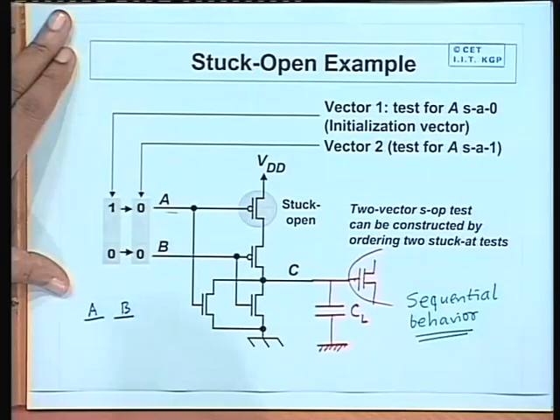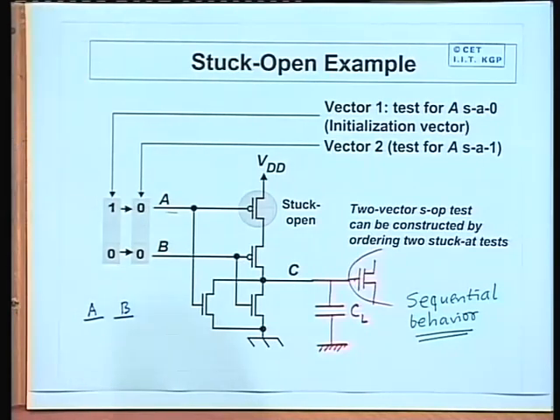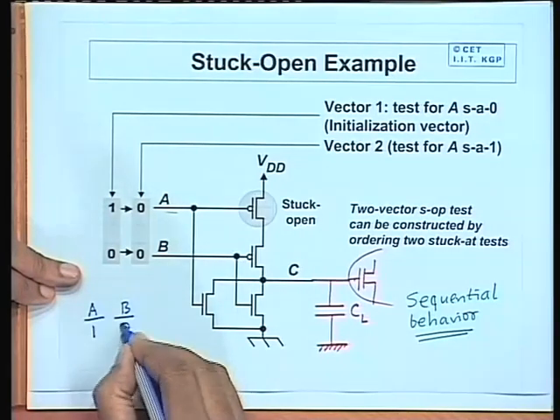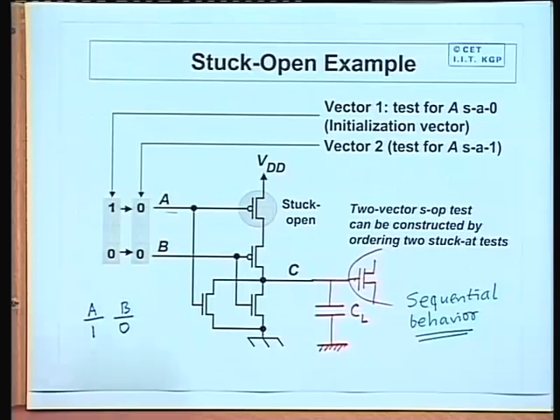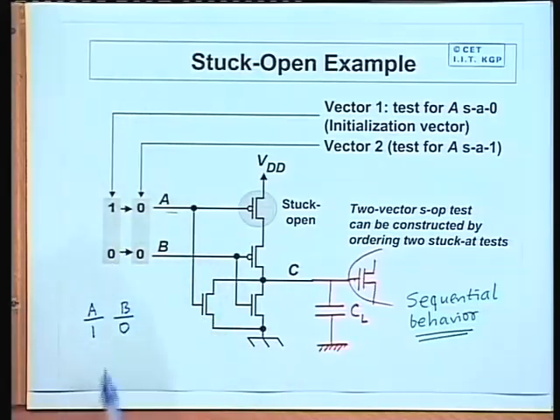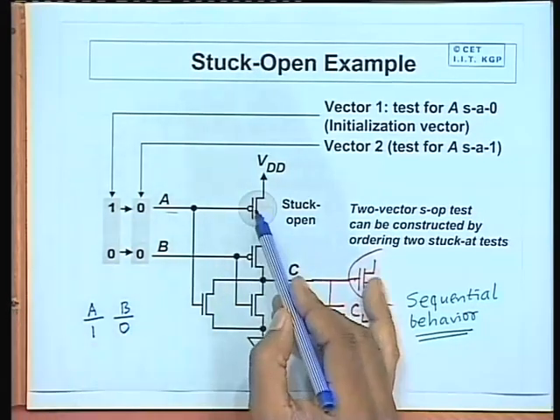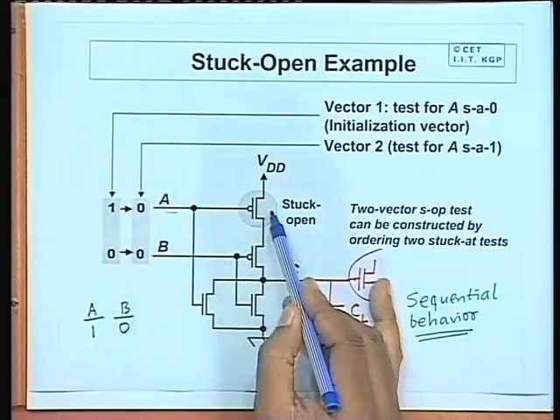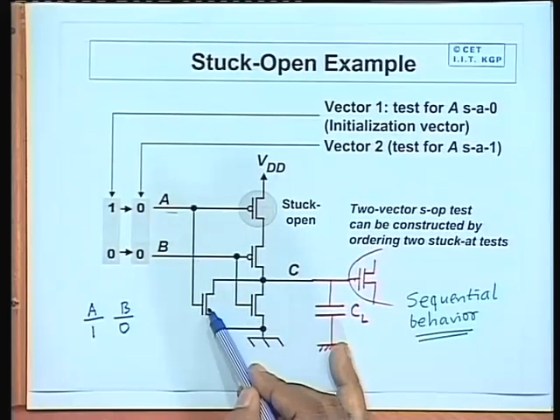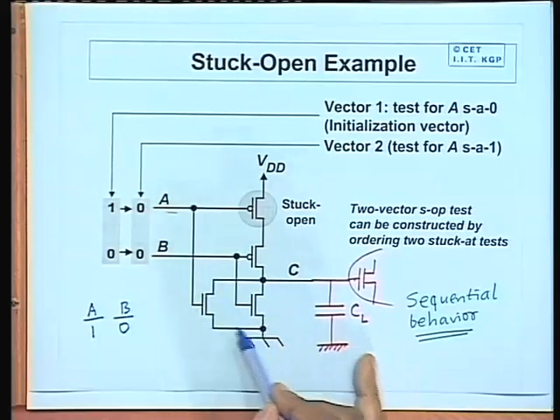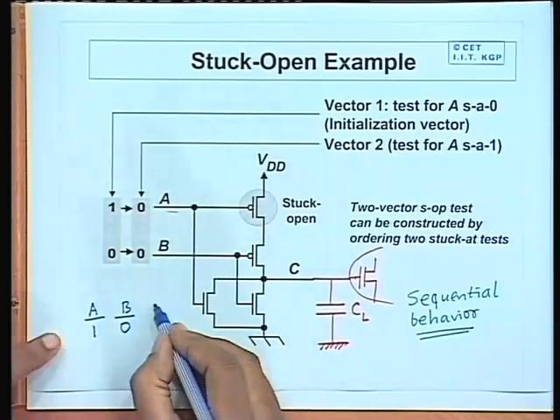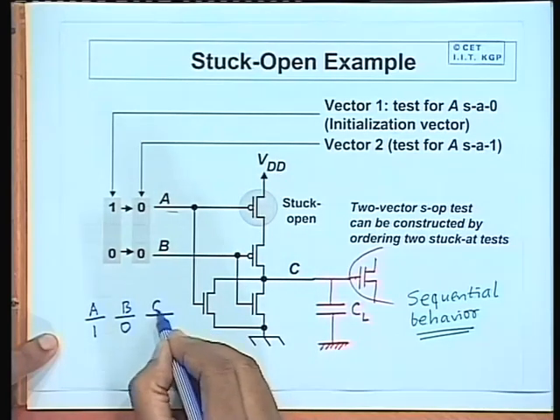Suppose I apply an input pattern which is say 1 0, as this shows. A is 1, B is 0. If I apply 1 0, these are PMOS transistors, so this will be off, this will be on, and one of the bottom transistors will be on. So the output will be connected to ground and this capacitor CL will get discharged. So the output C will be at 0.